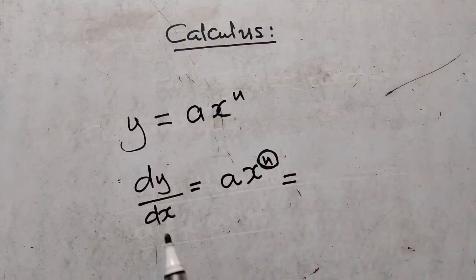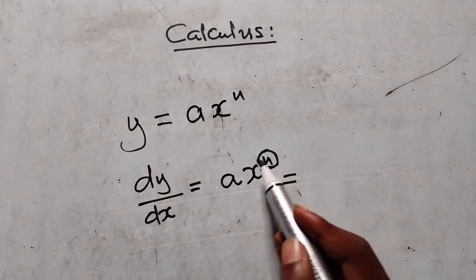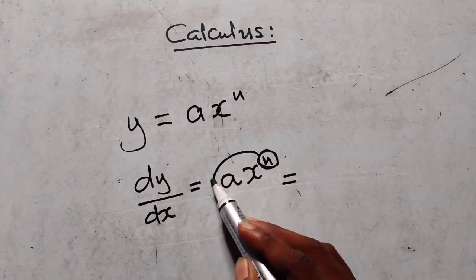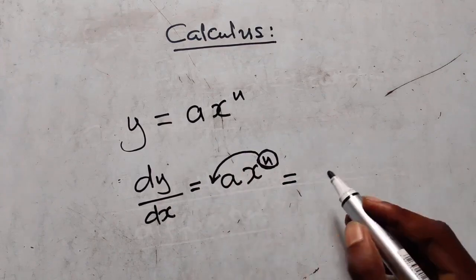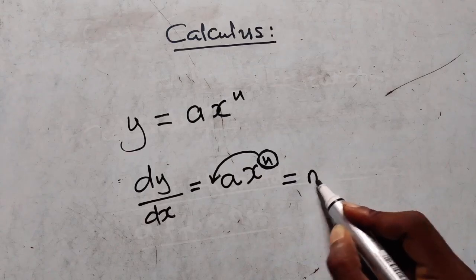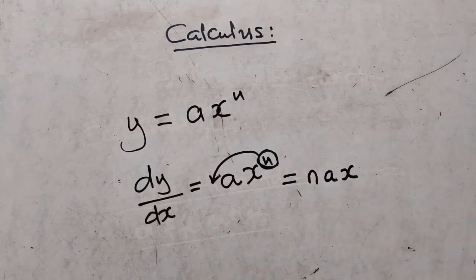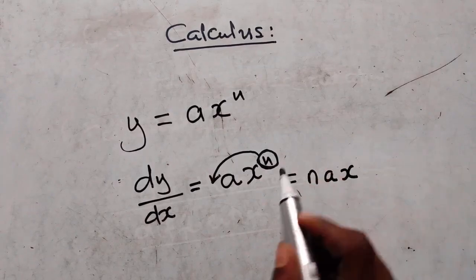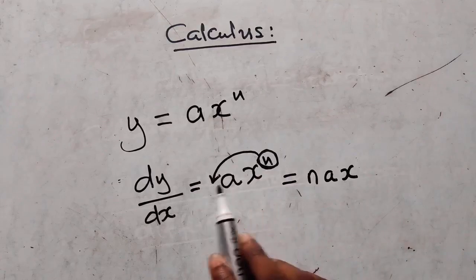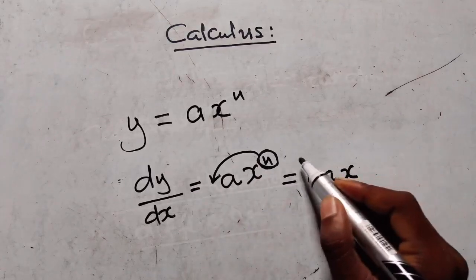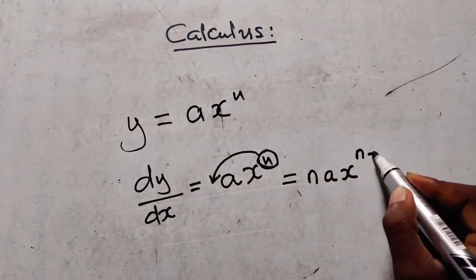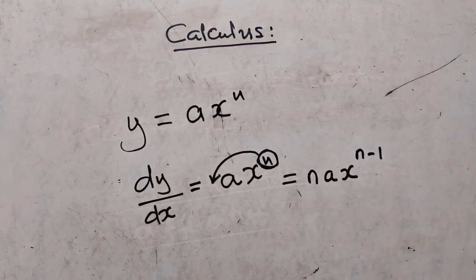So under differentiation, we bring this n down here. Then it's going to be n times a, then times x. Then the same n, we say n minus 1. By so doing, you have differentiated the function you are given.